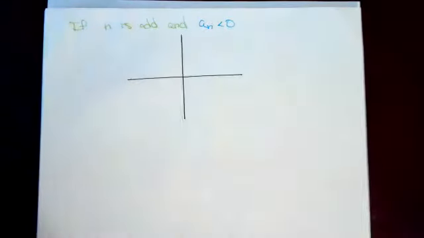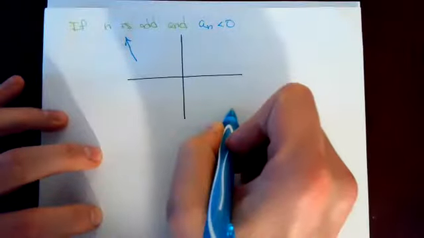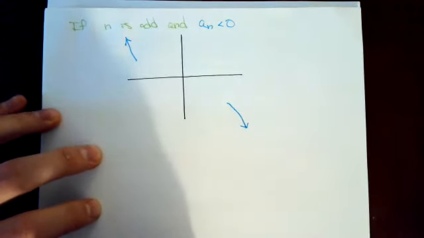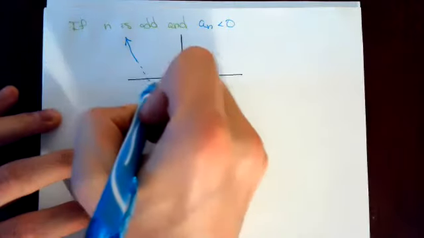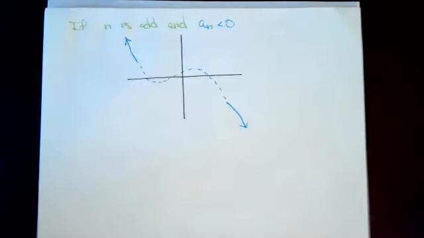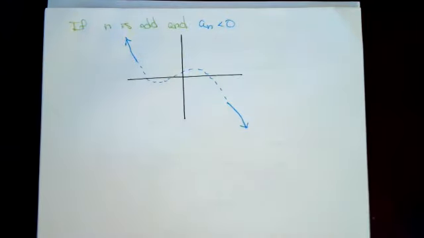So it looks like this. Endpoints going up that way, and that's going to go down. So something like a cubic with a negative coefficient could be that, or a negative fifth degree.